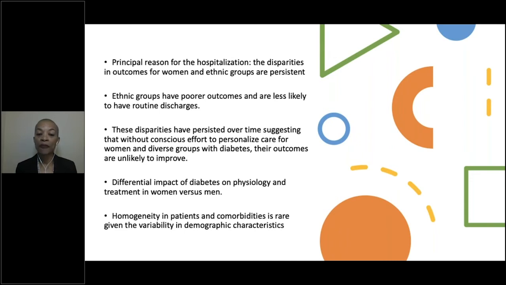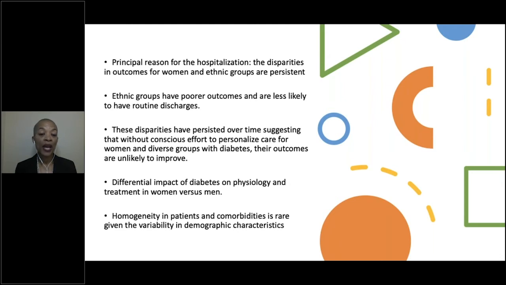without conscious effort to personalize the care for women and diverse groups with diabetes, their outcomes are not likely to improve. We also determined and concluded that there could perhaps be a differential impact of diabetes, definitely between men and between women.